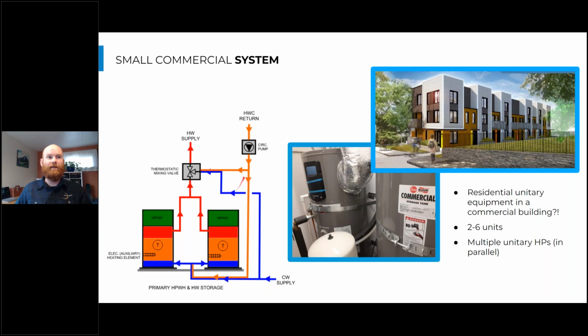And so we can essentially pipe 2 of these residential heat pump water heating products together, and then out to a thermostatic mixing valve and out to the building, and take the hot water circulation back to those 2 primary tanks. This can be a very robust and efficient design solution for smaller buildings, and can be a very economical approach to get these heat pumps installed.